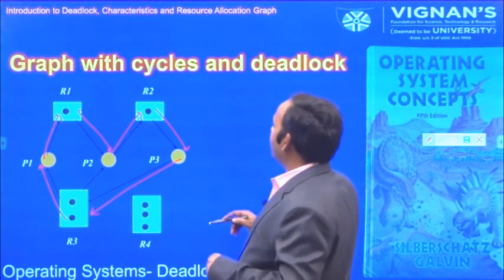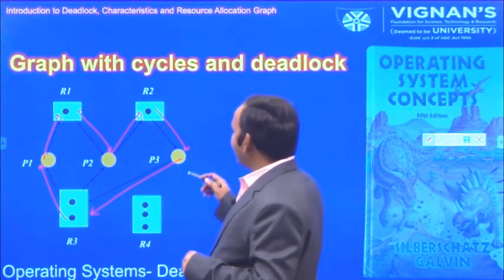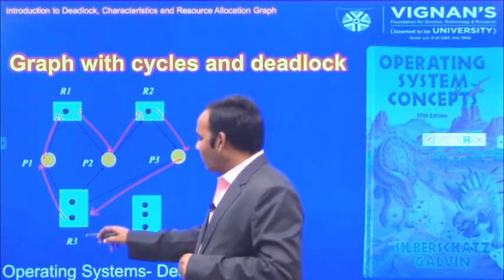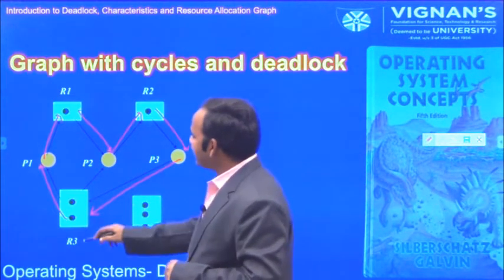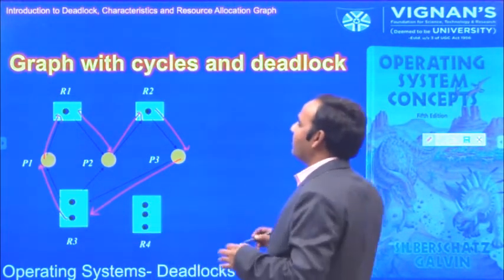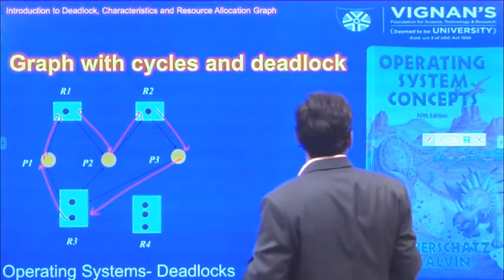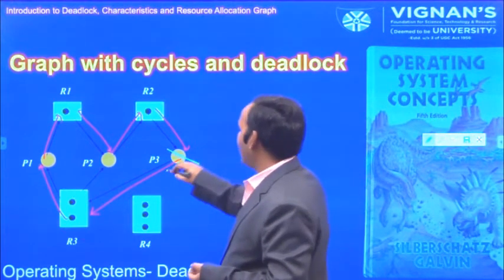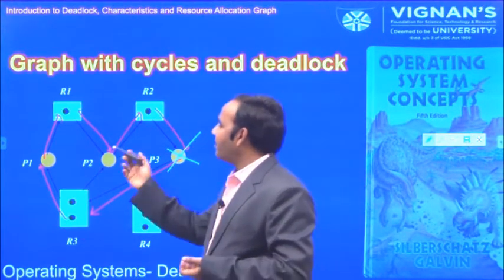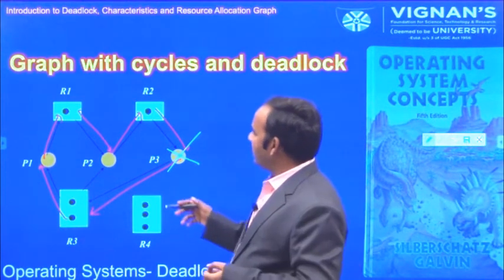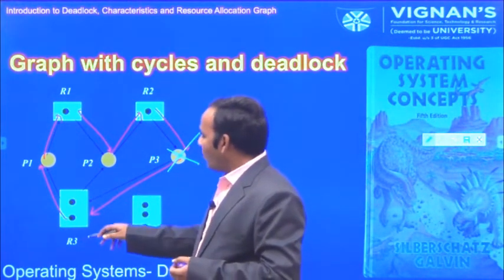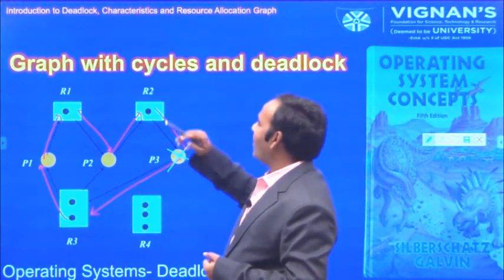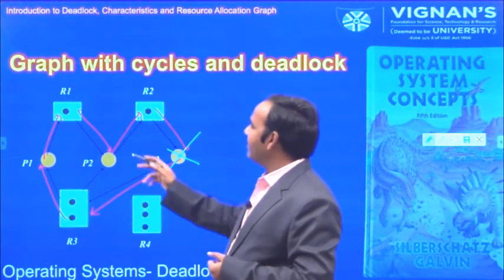Definitely no. Can P3 continue its execution? No. Why? Because P3 needs one instance of R3, but both instances of R3 are already allocated, one to P1 and another to P2, so P3 cannot continue execution. Similarly for P2, what resources are required? One instance of R3, R1, and R2.